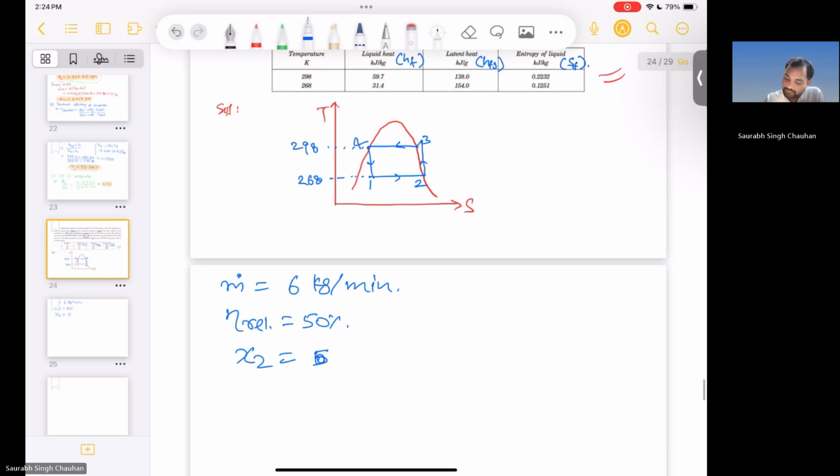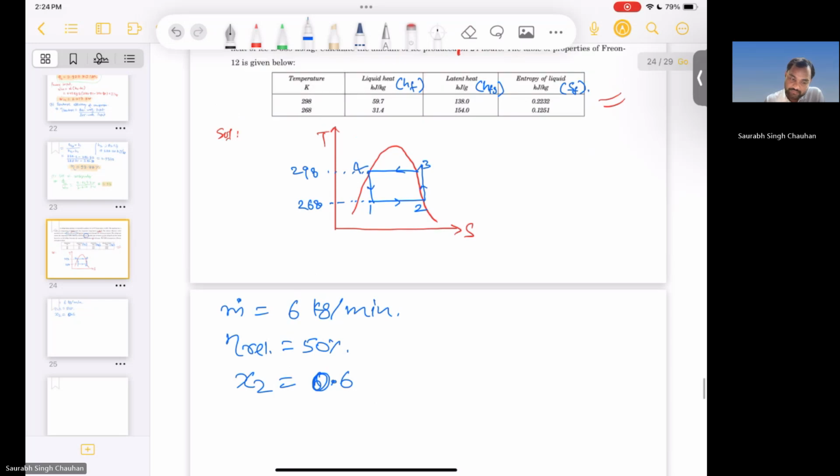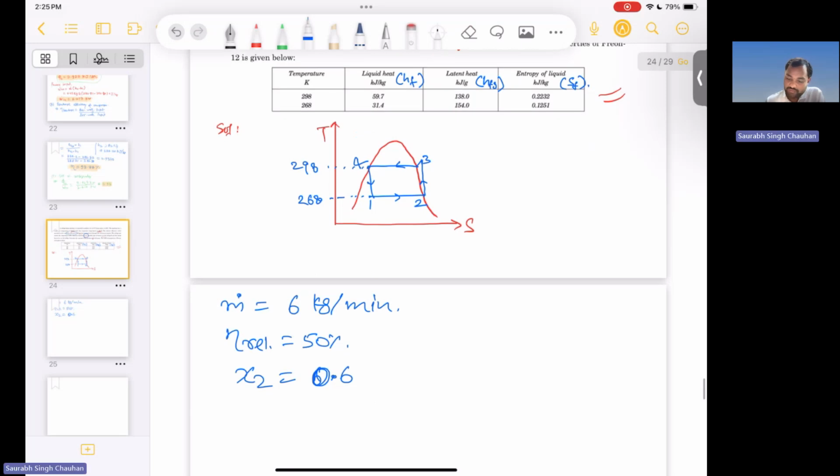Okay. So this point 2 is inside this dome, because dryness factor is less than 1.